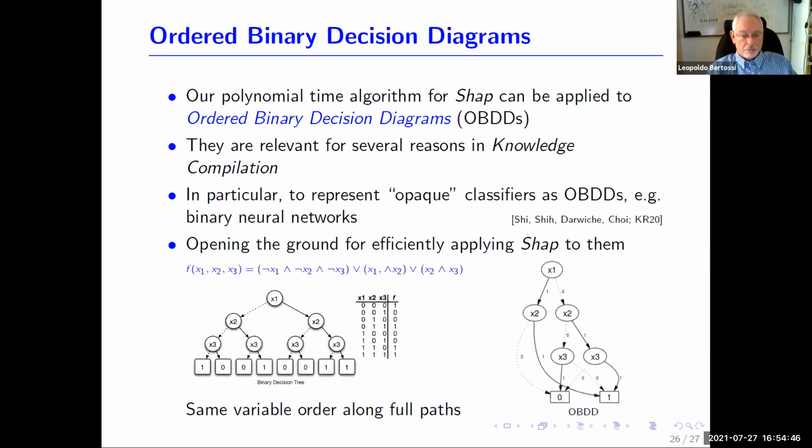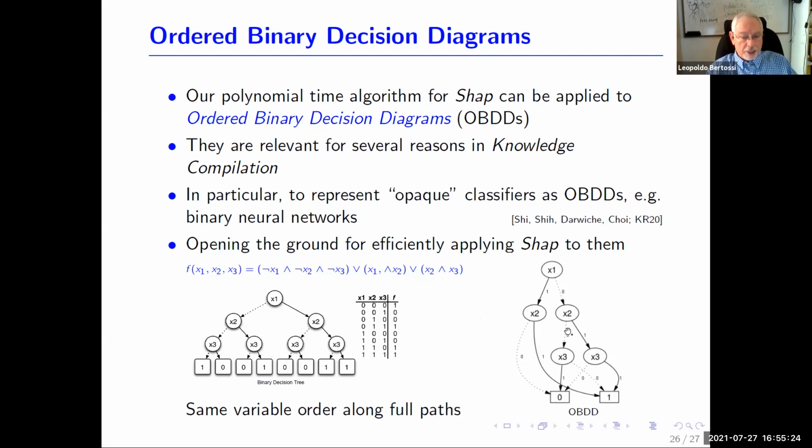So this is where I am ending. This is an OBDD. Basically, it's a generalization of a decision tree where we don't have a tree anymore. We might have a graph. But still, these are decision edges, 0 and 1. And actually, it could be possible to transform this OBDD into a decision tree following a procedure that is not unlike the one that I showed before for decision trees.